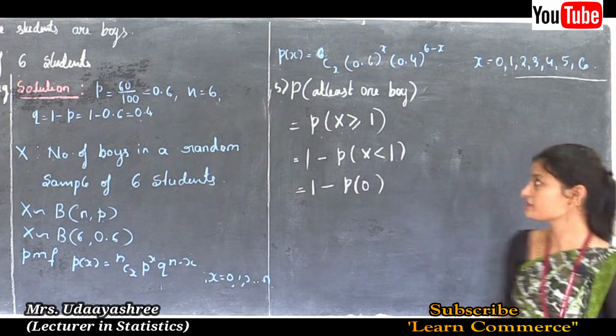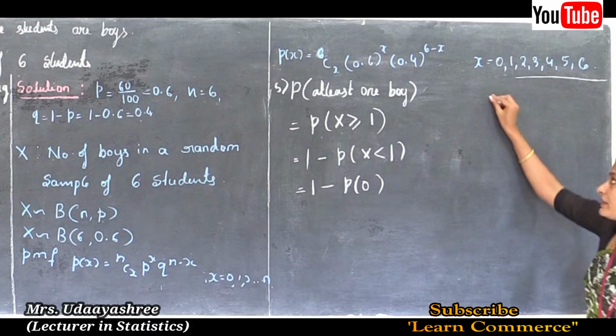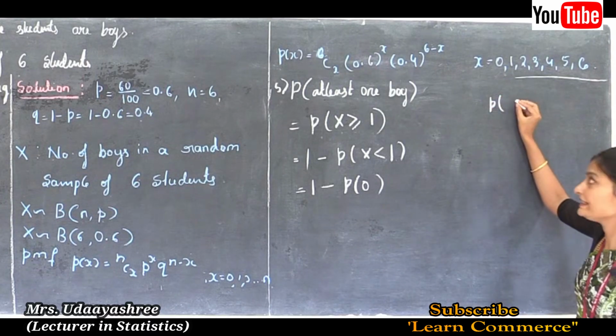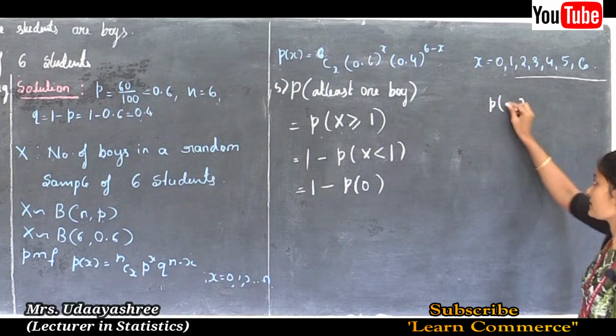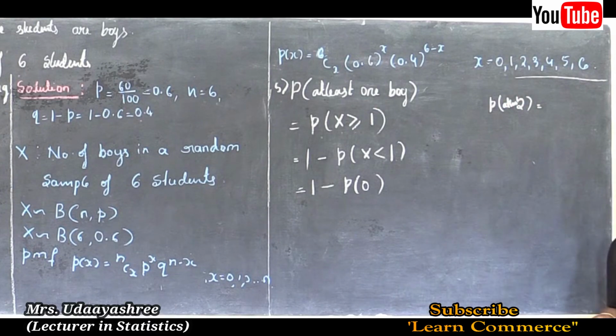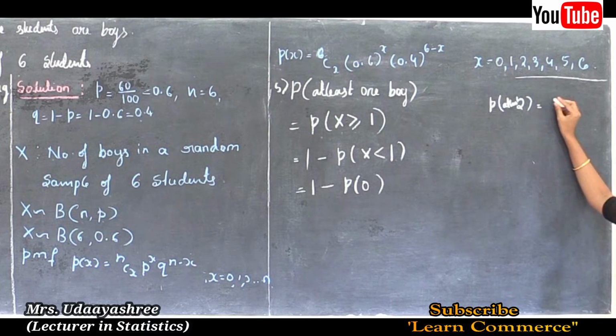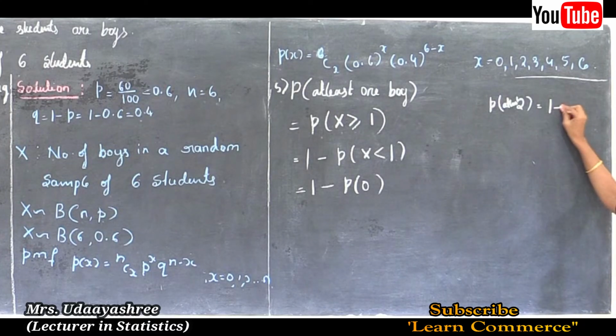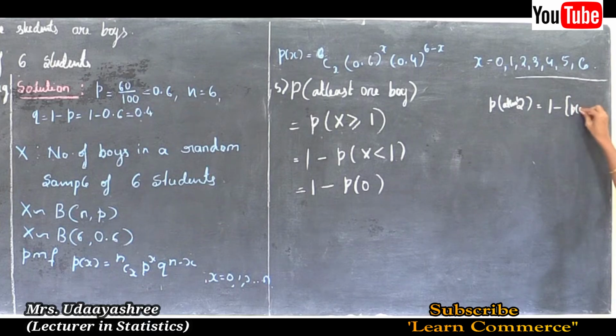For example, if the question is like this, probability of getting at least 2 boys, what is the formula to calculate probability of at least 2 boys? That is 1 minus P of 0 plus P of 1.